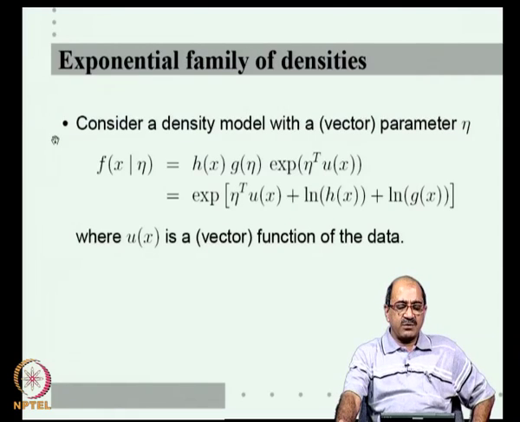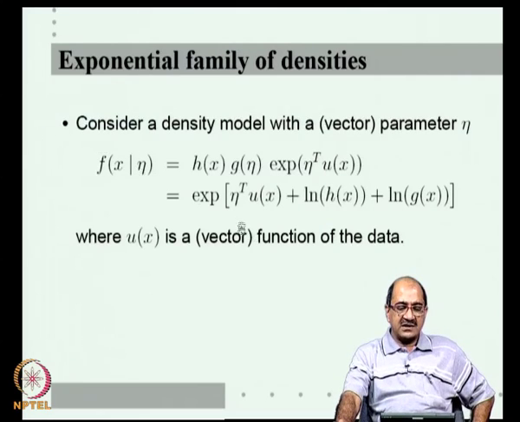If you take a density model with a parameter eta as f of x given eta equals h of x into g of eta into exponential of eta transpose u of x, where u of x is some function of the data, some function of x. Okay. Eta could be a vector, the parameters can be more than one in the density, and similarly then u will also be a vector function.